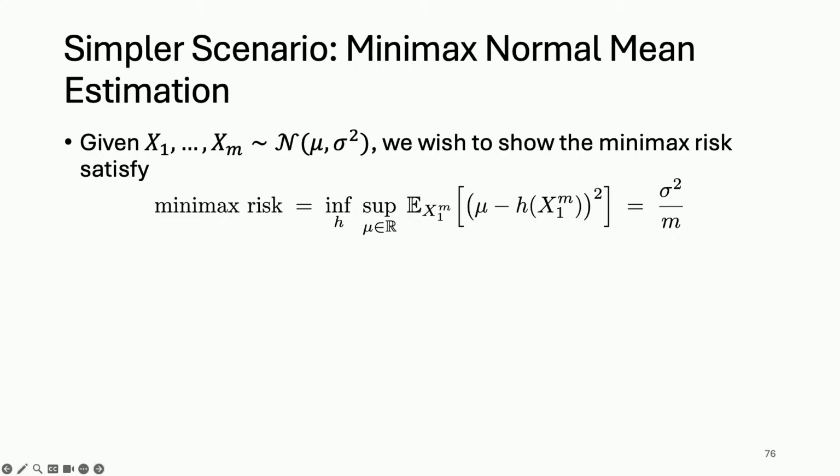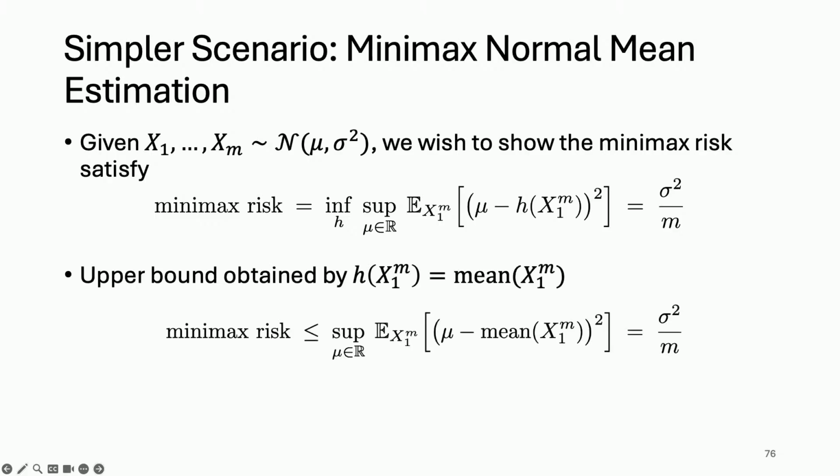So consider a simpler setting. We just have some IID data points from a Gaussian distribution, and they want to show that the minimax risk is sigma squared divided by m. For the upper bound, you can show that by simply taking the mean of the data points, it can achieve this minimax risk.